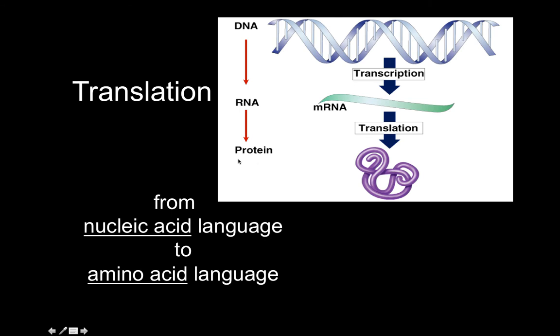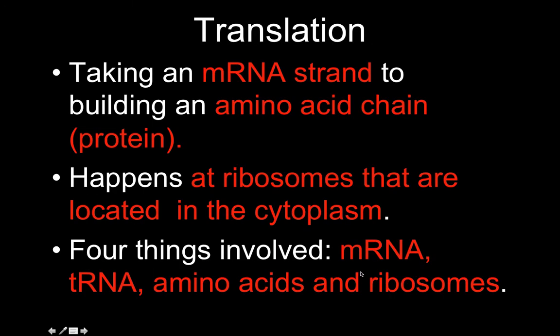So in other words, in translation, we're going from a nucleic acid language in RNA and going into an amino acid language. And those amino acids will come together and bond together to make our proteins. When we go there, we need to make sure that we have a few things sorted out before we start talking about things.